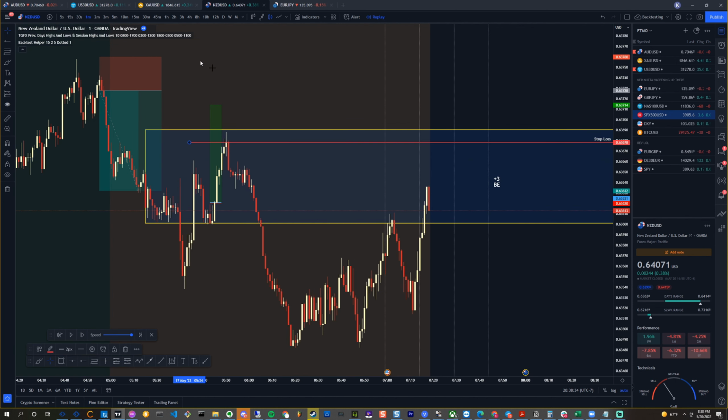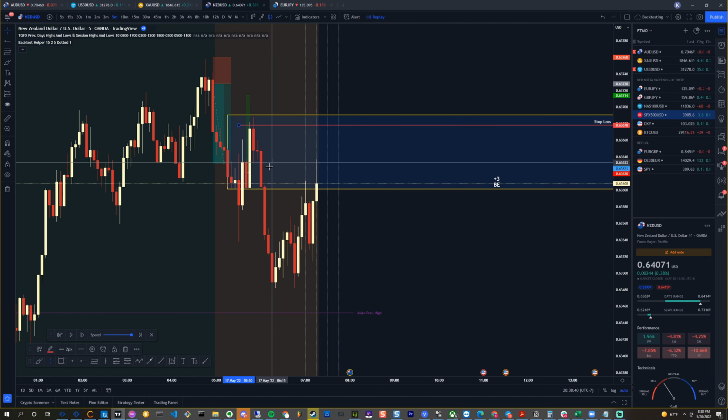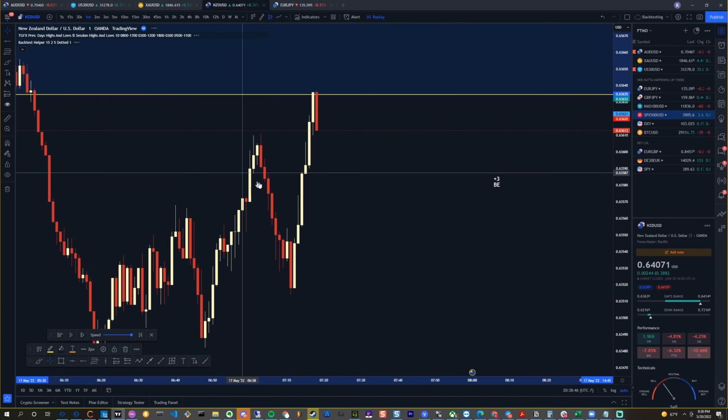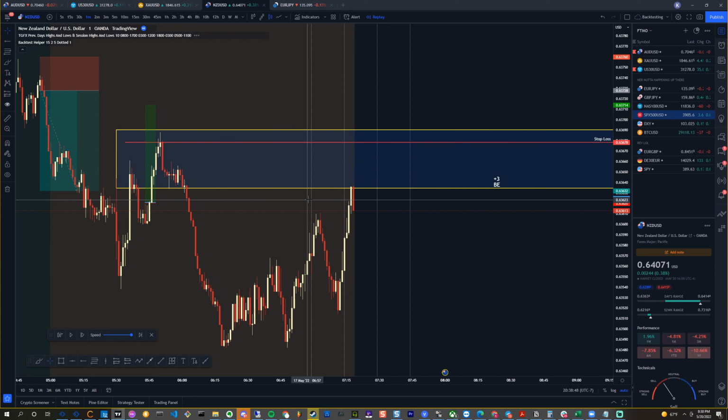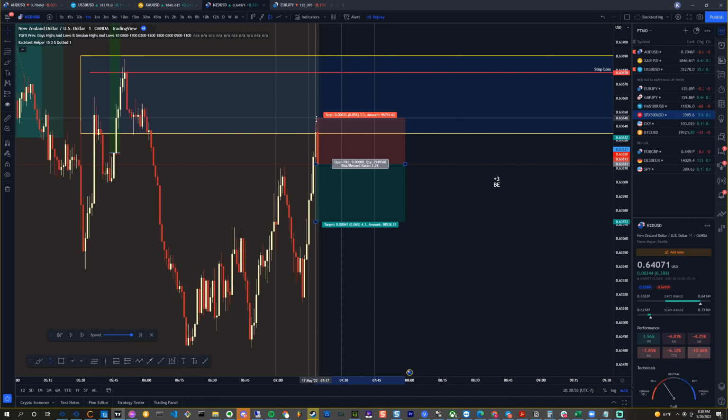So let's see where we're at, at least on the 5-minute here. Okay, so we could be filling in some of this missing price here with that move that we just did. So what I think I'm gonna do is enter based off of this fill of missing price in this higher time frame supply zone.